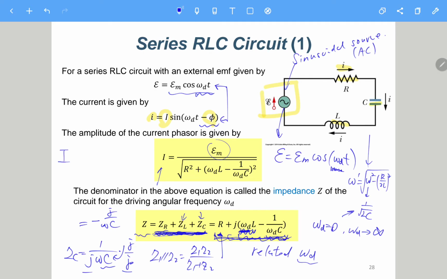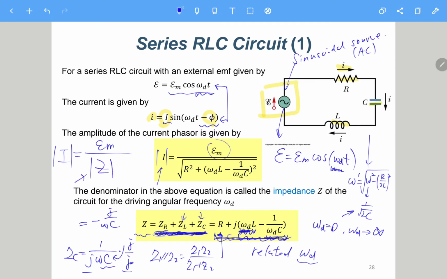This is the amplitude, the absolute value of the current, and it will be E_m over the absolute value of Z.